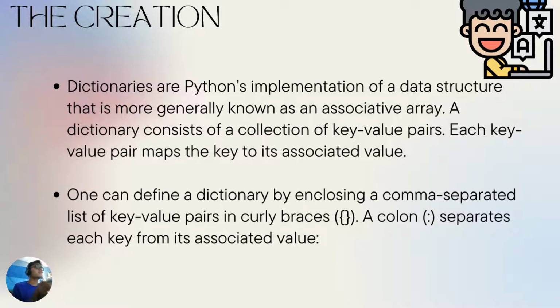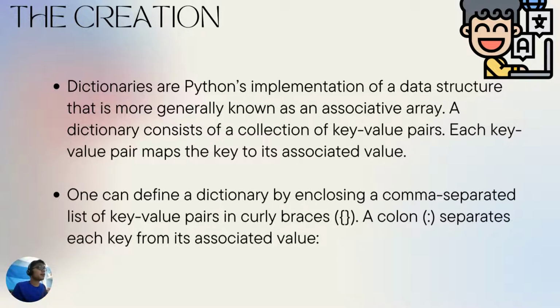A dictionary consists of a collection of key value pairs. Each key value pair maps the key to its associated value. As I mentioned before, it creates a key which you can access in order to return a value.